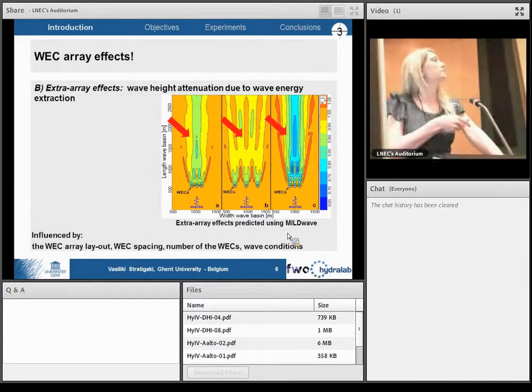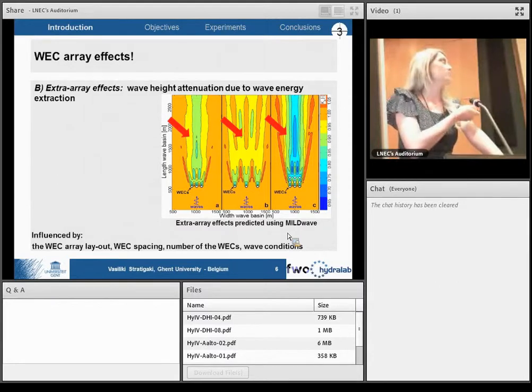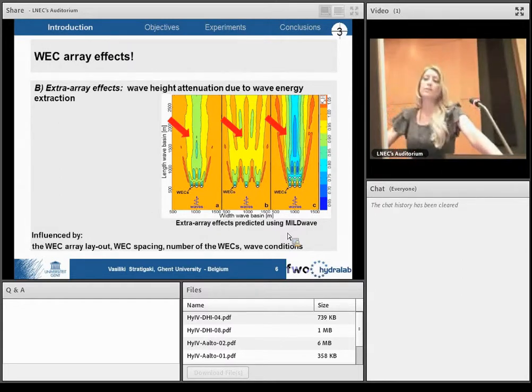So it's important to be able to predict those WEC array effects in order to determine the optimal array geometrical layout in terms of wave power absorption, and in order to find a balance between environmental impact and wave energy advantages.